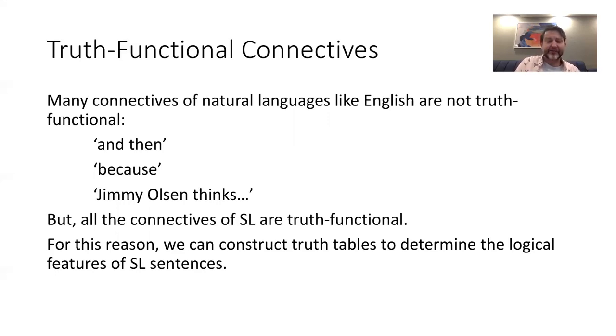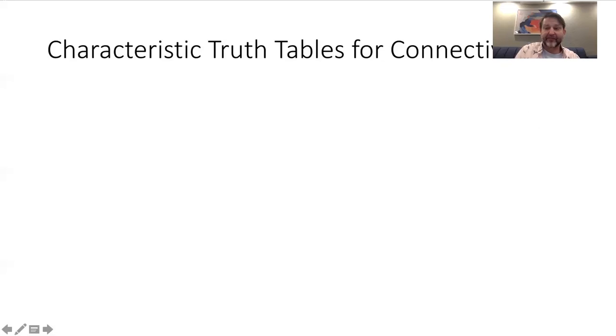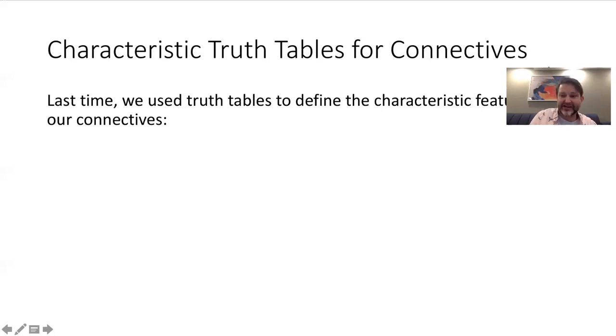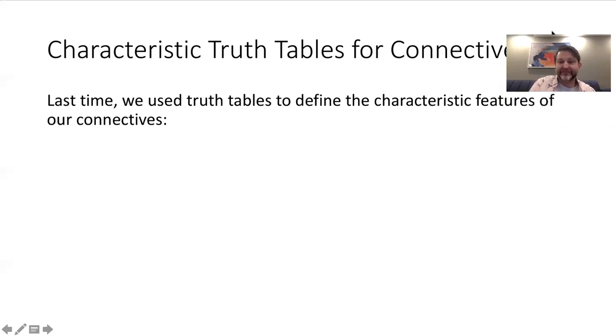So we've seen this a little bit already when we've thought about the characteristic truth tables for connectives. I'll try to move that down a little bit and see if that helps. No good, we'll move it back up. So last time, we used truth tables in talking about our connectives. This happened in lecture 5 last week.